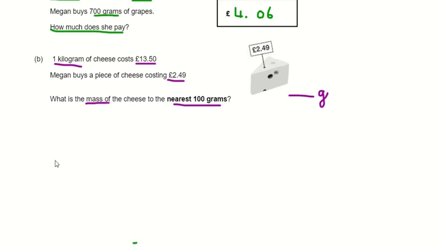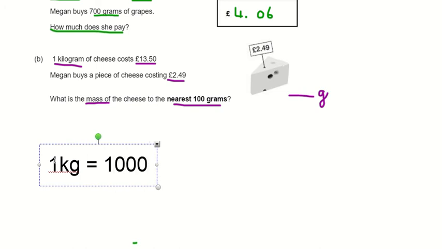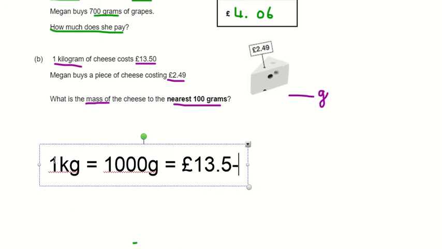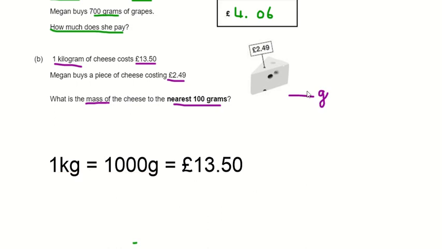Okay, so I'm going to think about what I know. So I know 1 kilogram is the same as 1,000 grams. And we can see from the question that that costs £13.50. Okay, now my answer is going to be in grams, and it's going to be to the nearest 100 grams. So I'm going to scale this down again. I'm going to divide by 10, because 1,000 divided by 10 will tell me what 100 grams is.